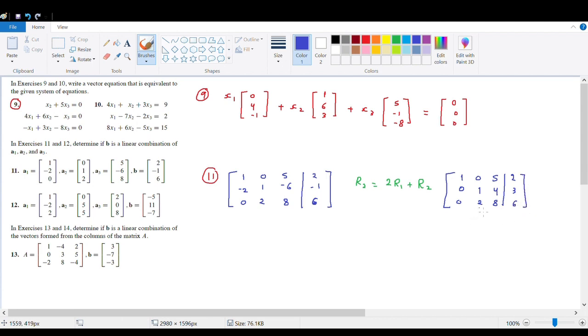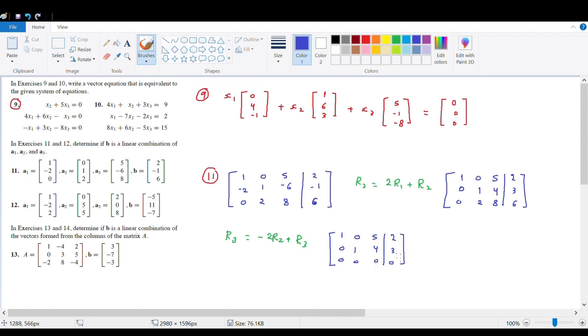So now we need to get rid of this 2 to be 0, so that means we need to do another row operation. So row 3 will be equal to minus 2 row 2 plus row 3, and we get this new matrix which is 1 0 5 2, then 0 1 4 3, and row 3, we replace it by minus 2 row 2 plus row 3, we get 0 0 0 0.